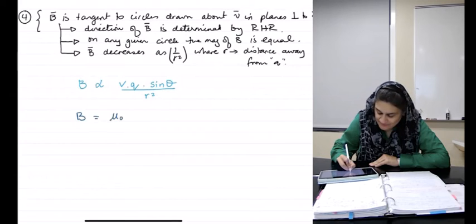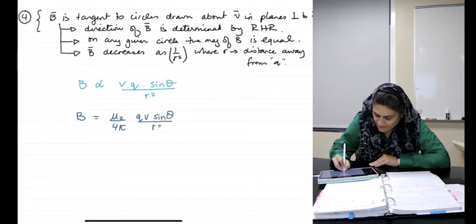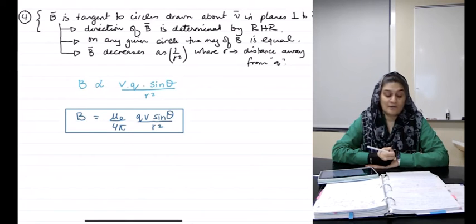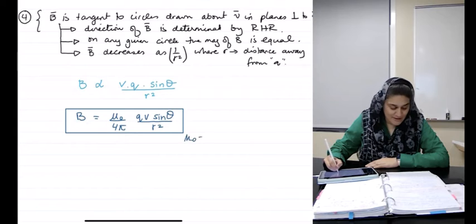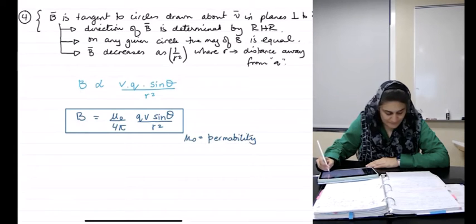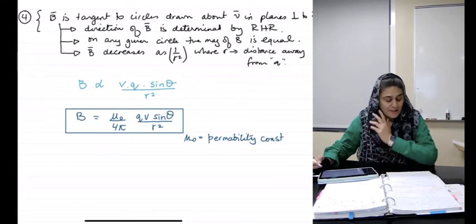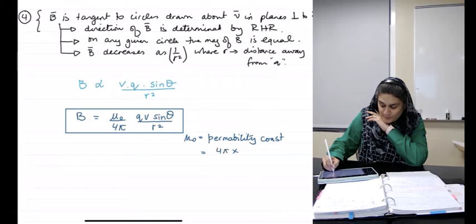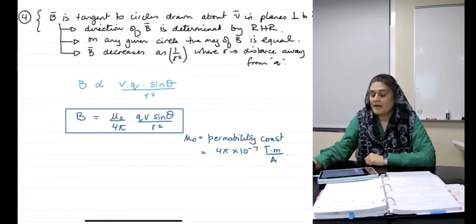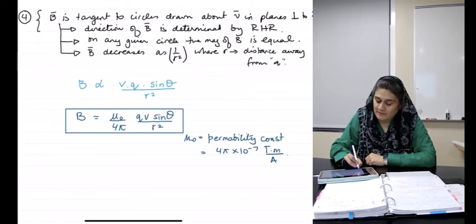And the constant is mu naught over 4 pi, where mu naught is the permeability constant, numerically equal to 4 pi times 10 to the minus 7 Tesla m over A. And by the way, the relationship between mu naught and epsilon is this.